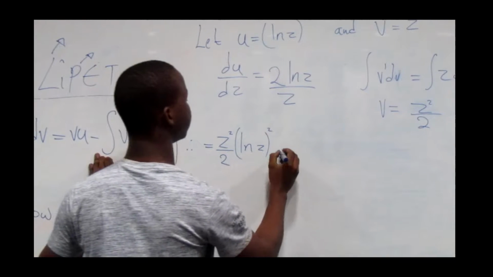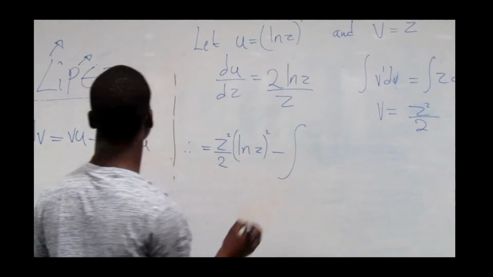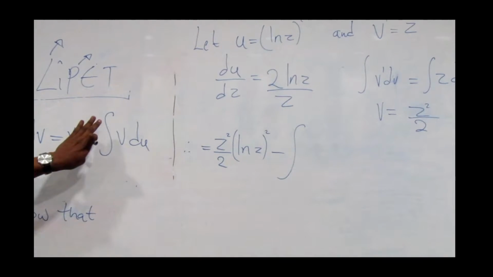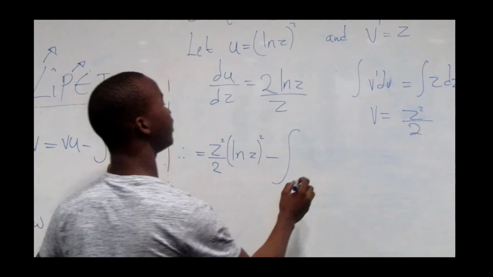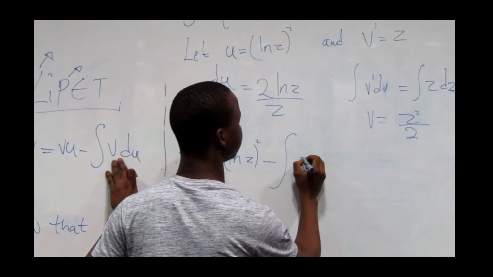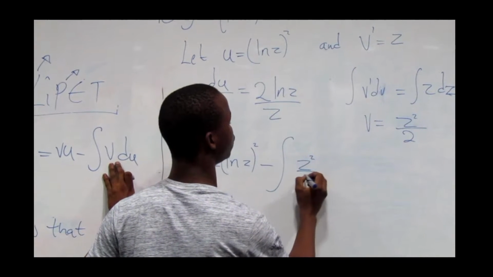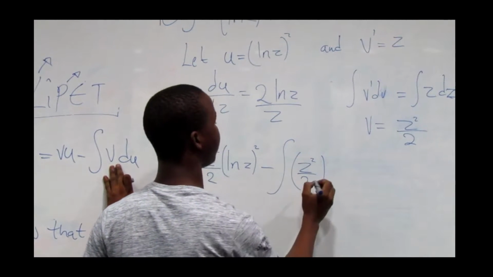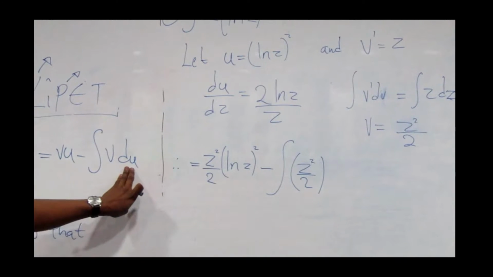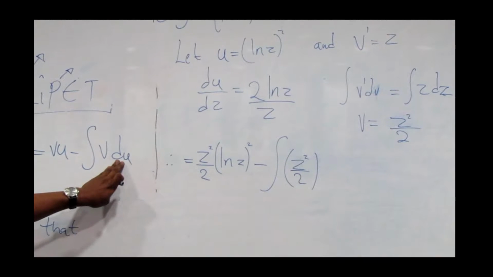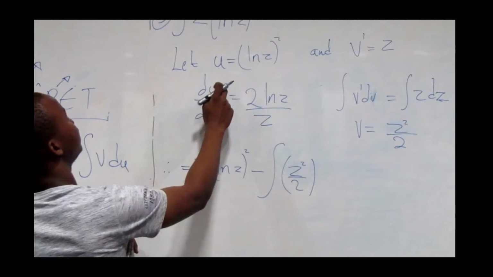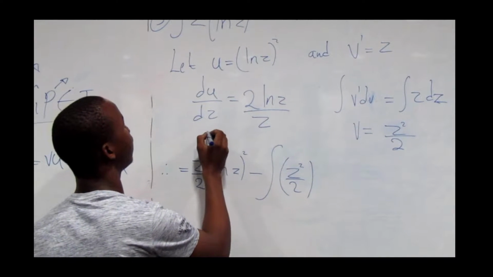Then we subtract our v integration. We substitute v. Our v is z squared over 2 multiplied by the derivative of u. We let du be the subject of the formula.